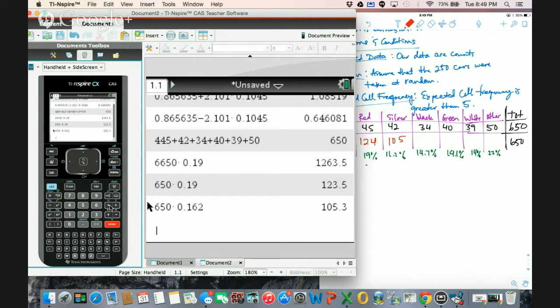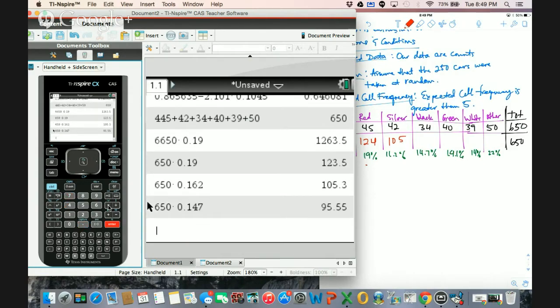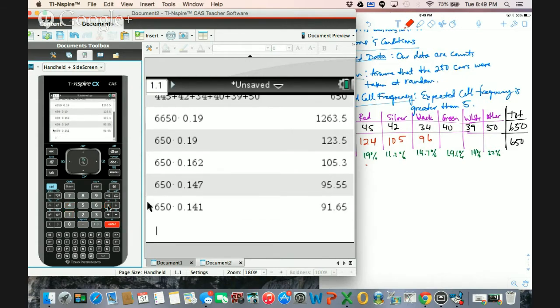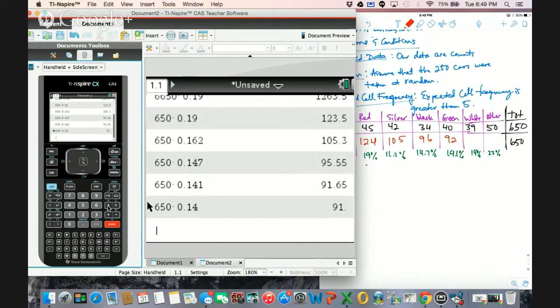Then 650 times 0.147 gives me 96. 650 times 0.141 gives me 92. I'm guessing 650 times 0.14 is going to give me the same. Oh, it's going to be 91.